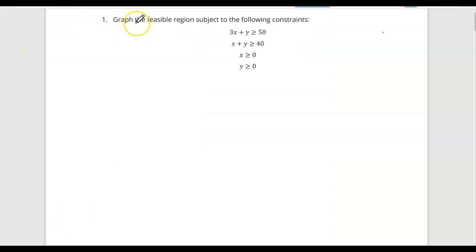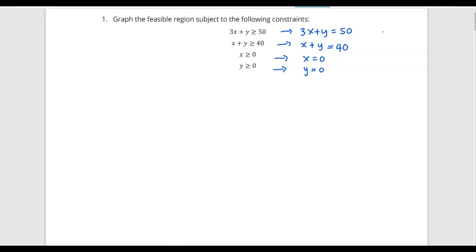Now let us consider another example. We are to graph the feasible region subject to the following constraints. We begin by graphing the line 3x plus y equal to 50, and then the line x plus y is equal to 40, and here the line x is equal to 0, or the y-axis, and the line y is equal to 0, or the x-axis.